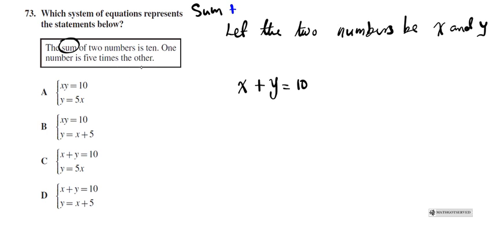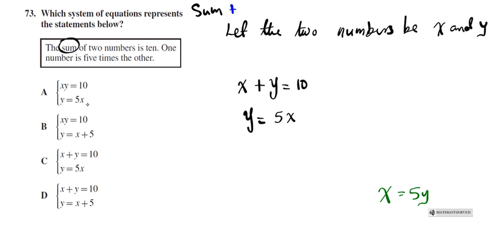And then the second equation says one number is 5 times the other. So 5 times basically means we multiply one number by 5 to get the other. So if we multiply the first number, x times 5, we get y. Okay, so 5 times means to multiply one of the numbers to get the other. We could have said x equals 5y, because there's no specific order.